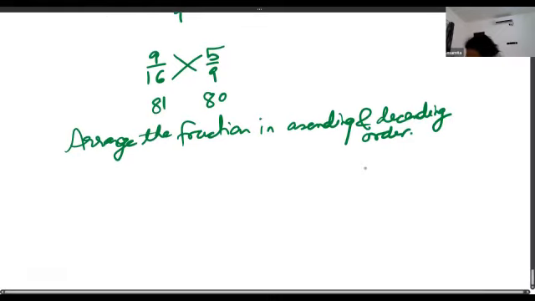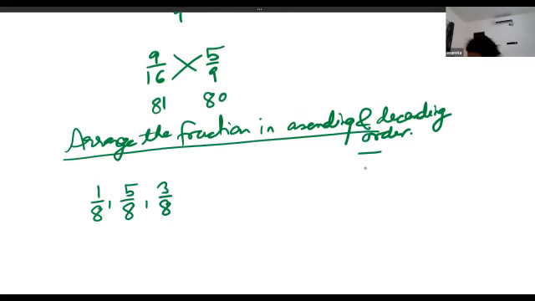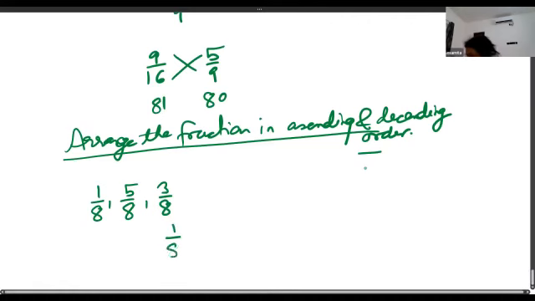Yes, correct. So if I say 1 by 8, 5 by 8, 3 by 8, arrange them in ascending order. Ma'am, 1 by 8, 3 by 8, 5 by 8. Yes, 1 by 8, after that 3 by 8, 5 by 8.